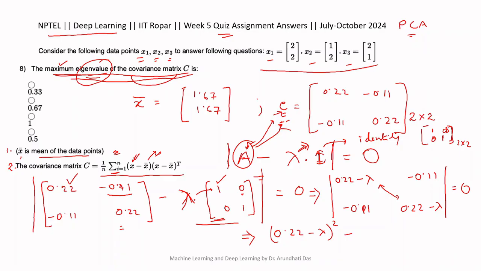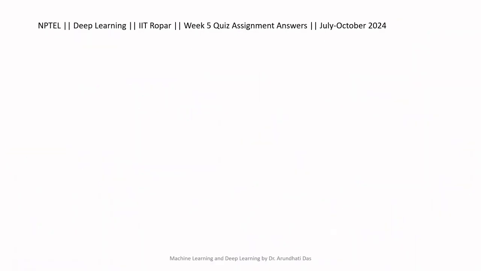This is the way to find out the determinant of a matrix. Minus, what are the values here, minus 0.11 multiplied by, or I can take just the square of it, equal to 0. So let's finish the rest of the computation in the next slide.